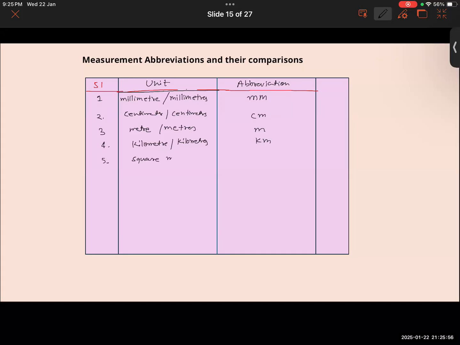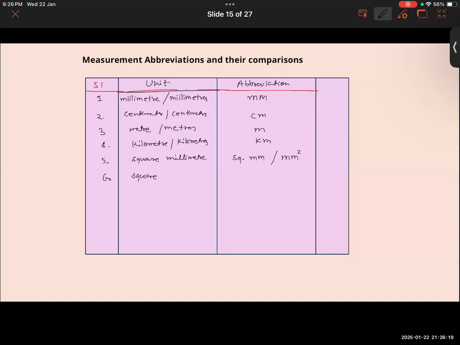Now for square millimeter, there are two ways to write this. Either you can write sq. mm, or you can write mm and on top of the m write the number 2.